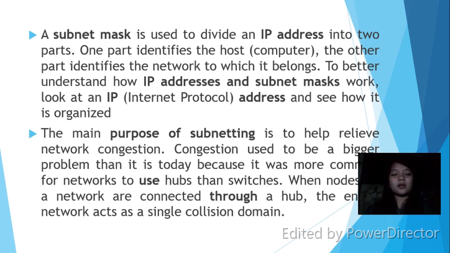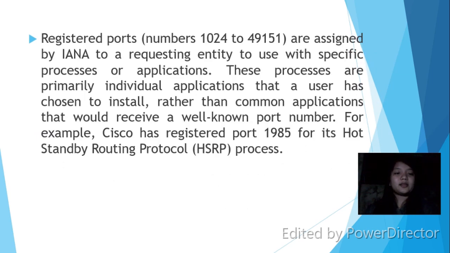When nodes on a network are connected through a hub, the entire network acts as a single collision domain. Registered ports, the numbers 1024 to 49,151, are assigned by IANA to a requesting entity to use with specific processes or applications.